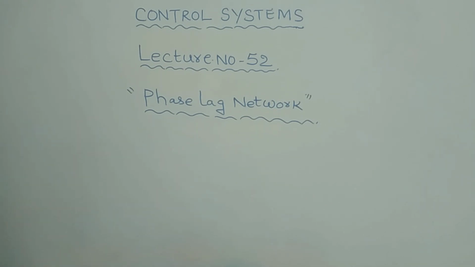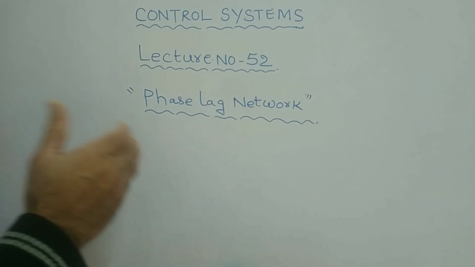So in this way, the phase lag compensator or phase lag network is also very important, and basically it offers a very high gain at lower frequencies. That is one of the very important aspects of this phase lag network. It offers high gain at lower frequencies.